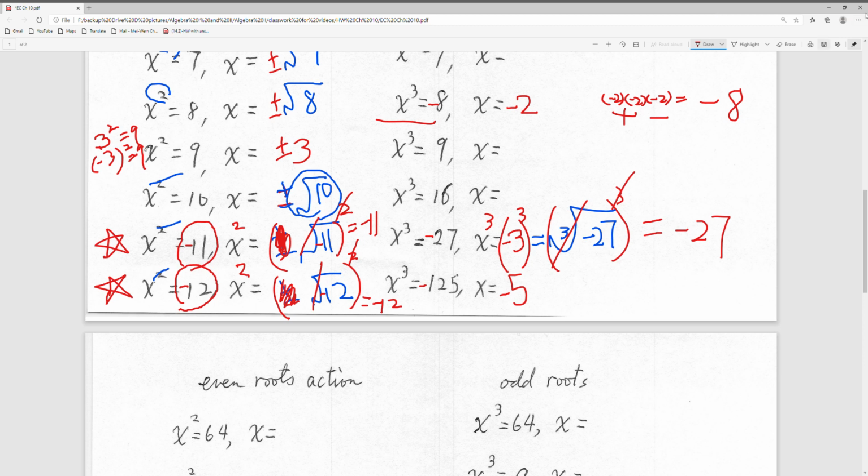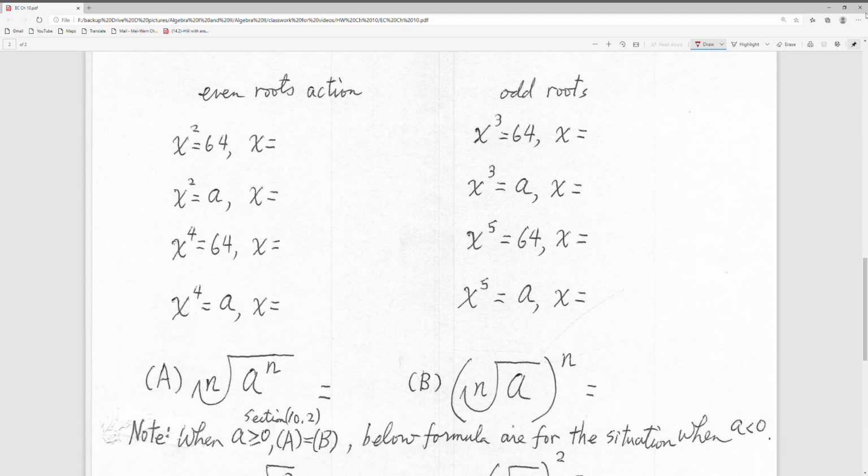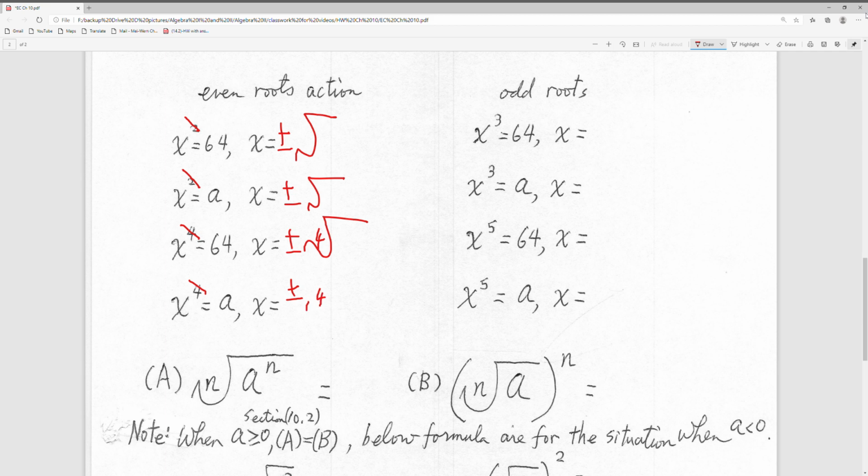Now there's one thing. Then we can keep going. We try to do some easy even root action. So when you want to solve for a square, you cancel out the square and put a positive square root. I talked about that already. You cancel out the square, put a positive square root. Cancel out the fourth, put a positive fourth root.